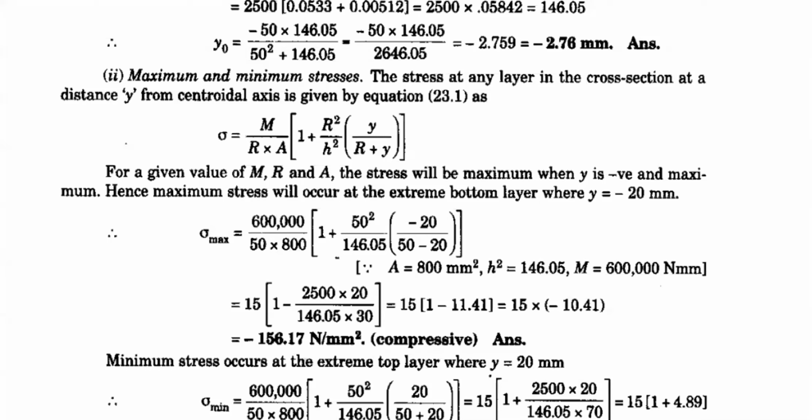Please observe the given figure. The depth value d equal to 40 mm, and you will consider the maximum value below the central axis. So the y value is minus 20. I hope everyone understands this point.